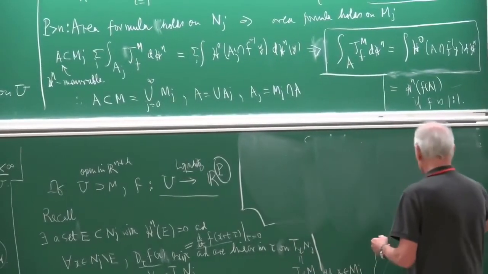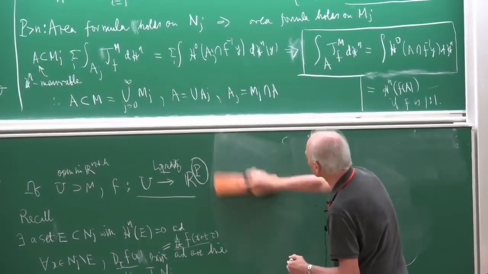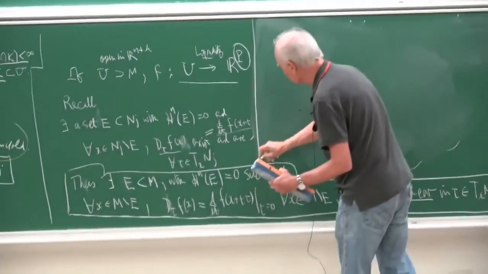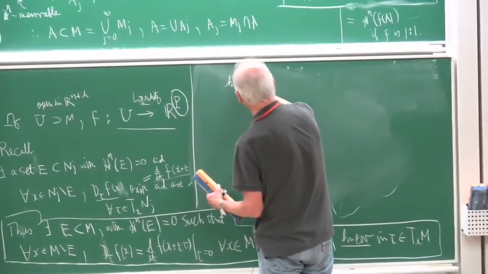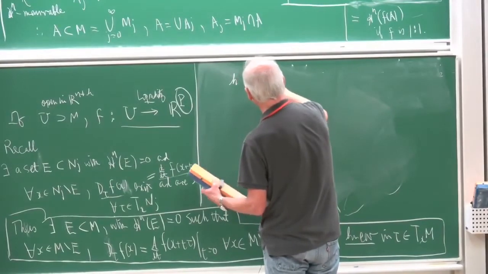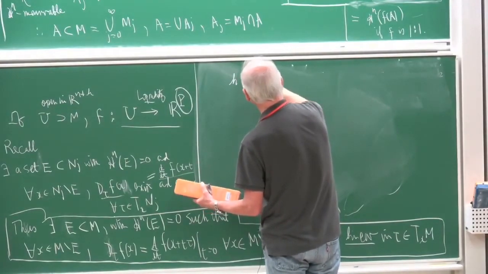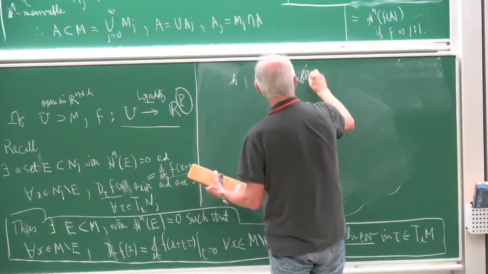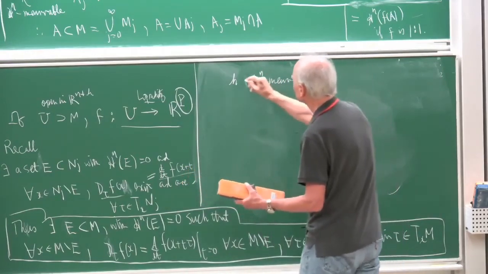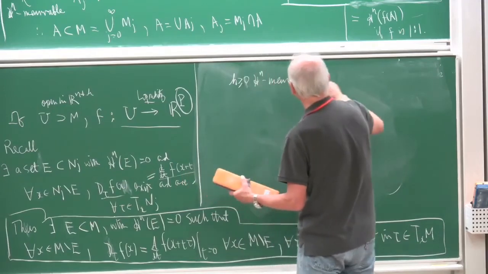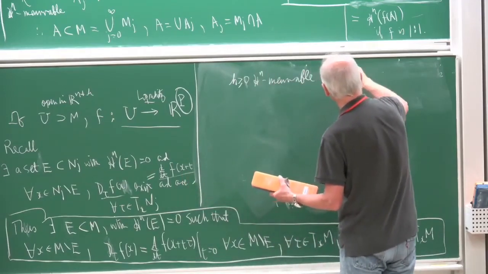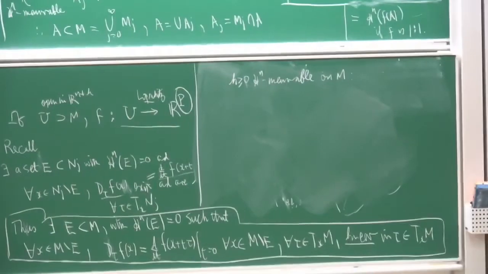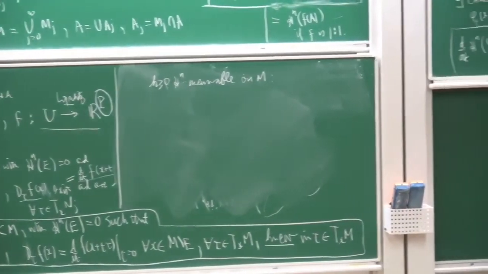Notice you can get a slightly more general formula if you take any non-negative Hn measurable function h defined on M. And remember, you can always approximate h by an increasing sequence of simple functions.